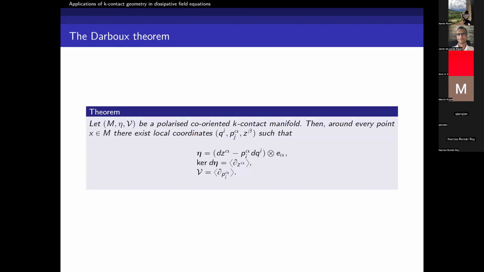These are called the Darboux coordinates. And for every polarized co-oriented contact manifold, they exist around every point. These are the coordinates such that eta looks like this, the kernel looks like this, and the distribution looks like this.